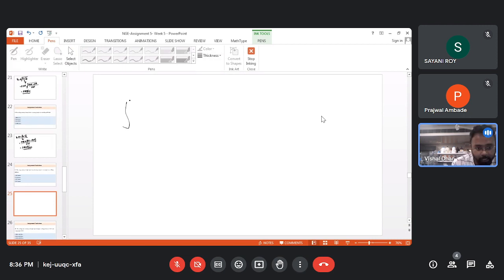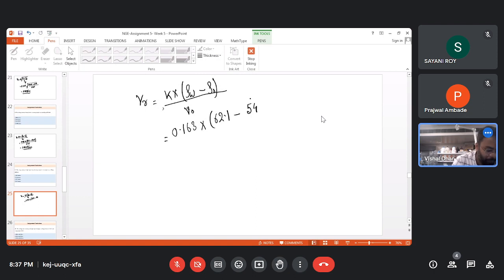So the formula is VR equal to K into (density of water minus density of oil), which is 0.163 into (62.1 minus 54.15). 1.66 is the answer.